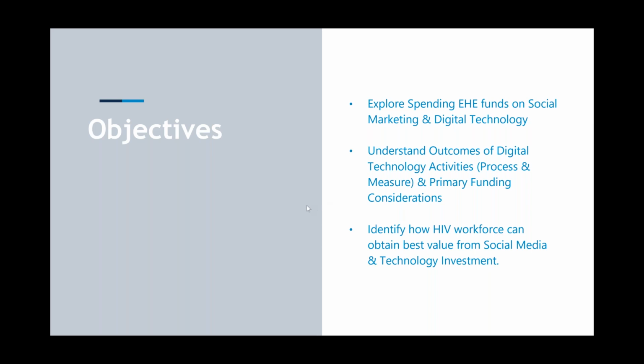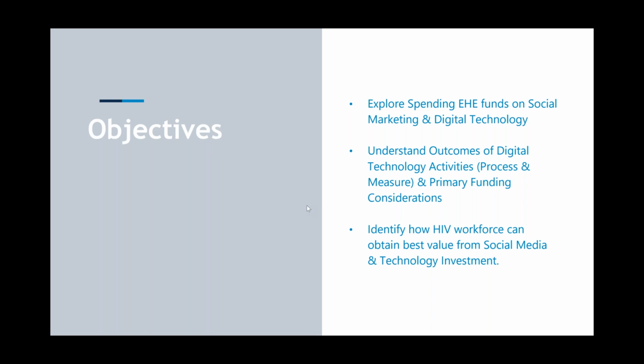So in today's webinar, we're going to explore 3 major buckets as our primary objectives. Under the approval of your own project officer, we're going to explore ways that you can spend EHE funds on social marketing and digital technology.